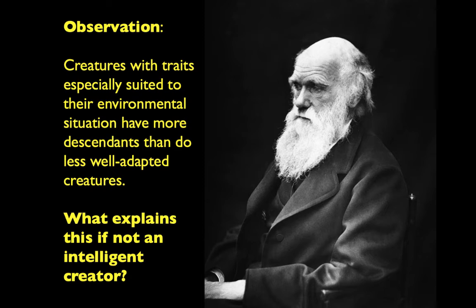Darwin observed that creatures with traits especially suited to their environmental situation have more descendants than do less well-adapted creatures. What explains this, if not an intelligent creator? Up until Darwin, the best explanation available was the intelligent creator hypothesis, the God hypothesis.